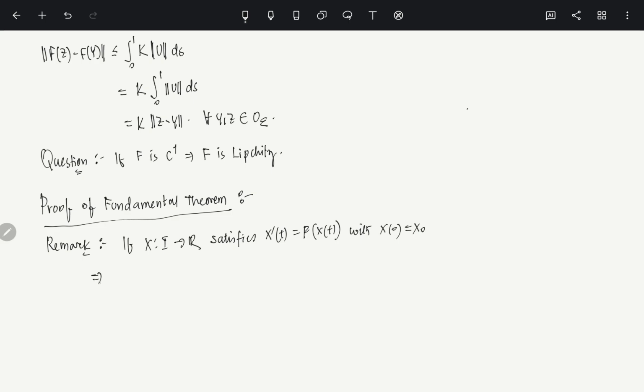That will imply that x of t minus x0 is, if you are integrating both sides, x at the point t minus x at the point 0 is nothing but the integral from 0 to t of f of x of s ds, right? So this is integrating both sides.